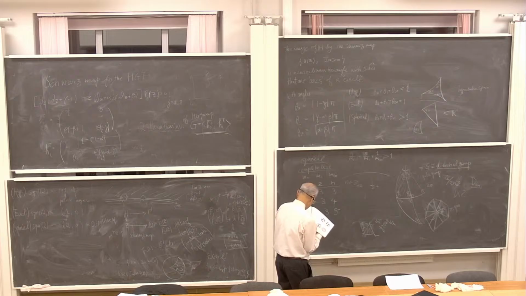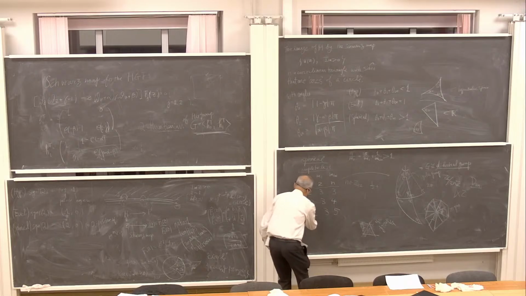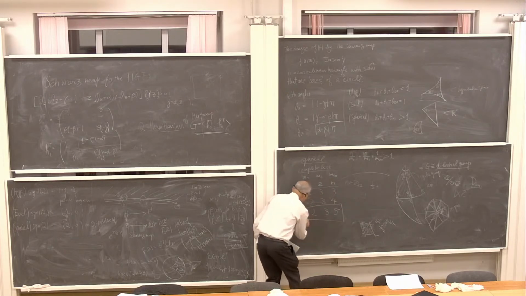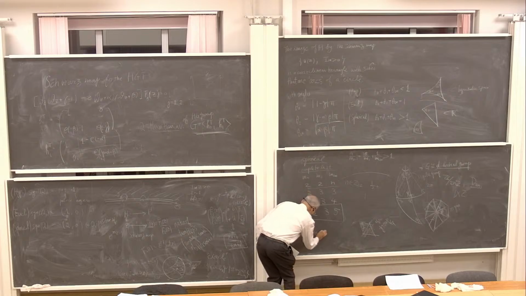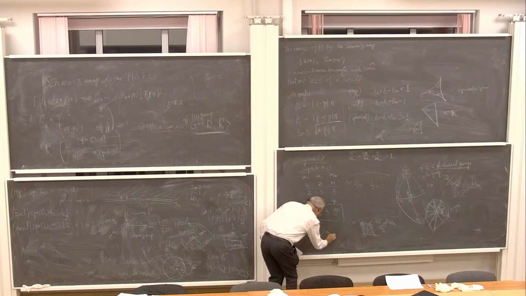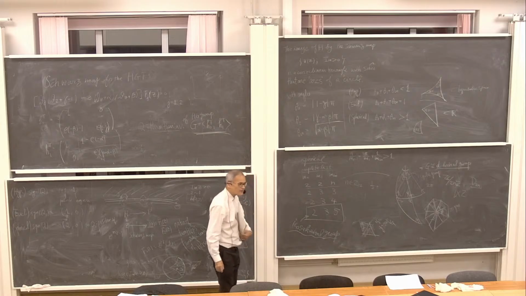Case 2, 3, 5. This is the icosahedral group.